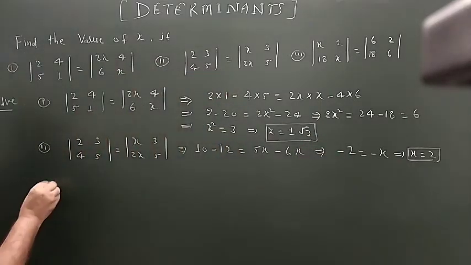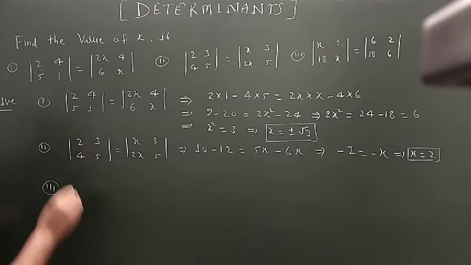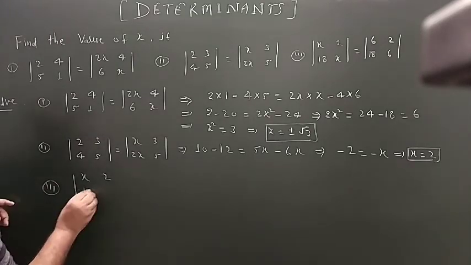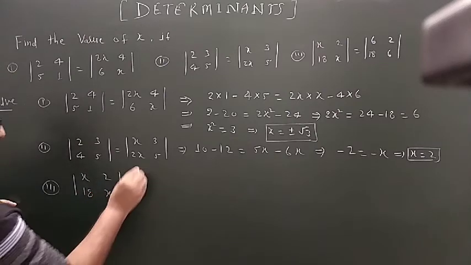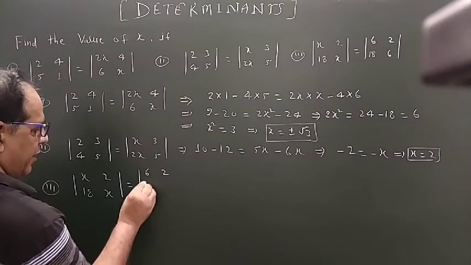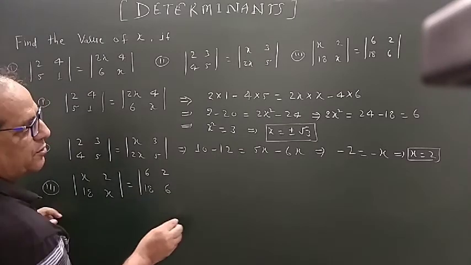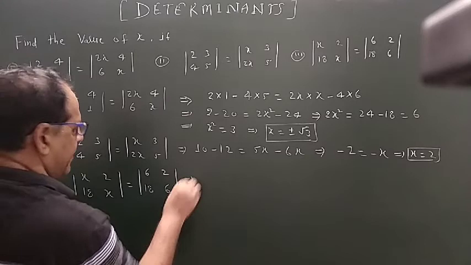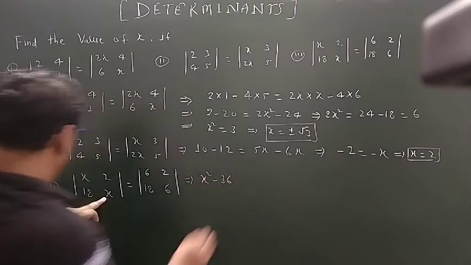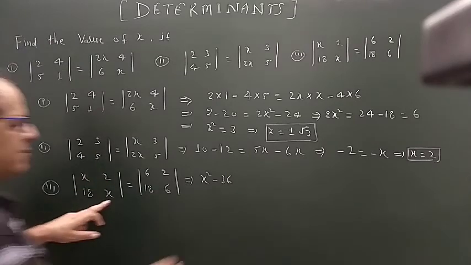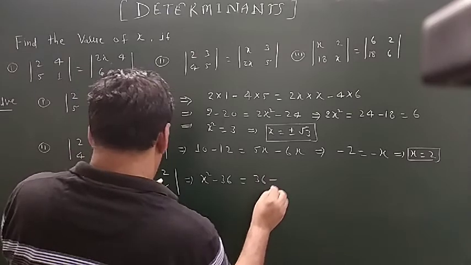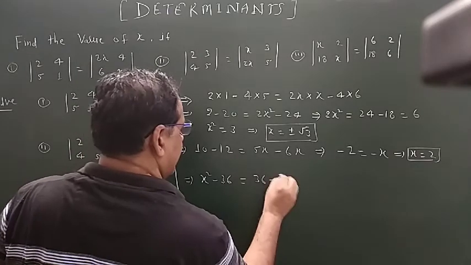And the third part of the question: x, 2, 18, x is equal to 6, 2, 18, 6. Simplify the left hand side, x square minus 36 is equal to 36 minus 36 minus 36.